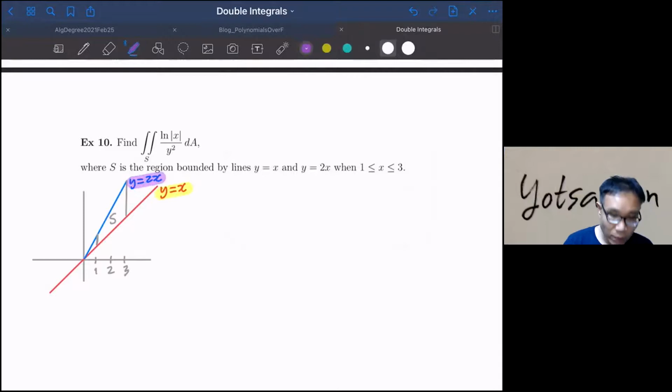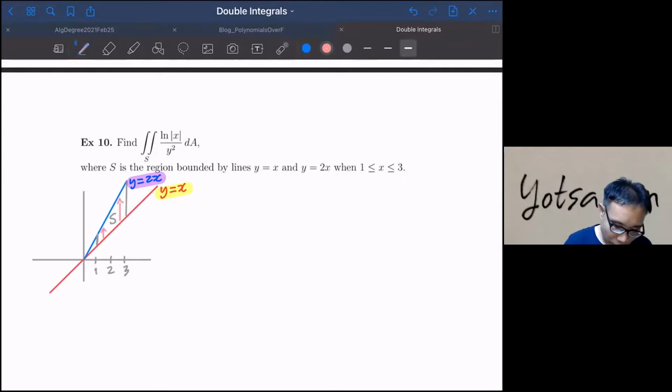So the yellow one is y equal to x, and the purple one turned out to be y equal to 2x. So you gonna have this guy gonna run in this direction, going up like this.